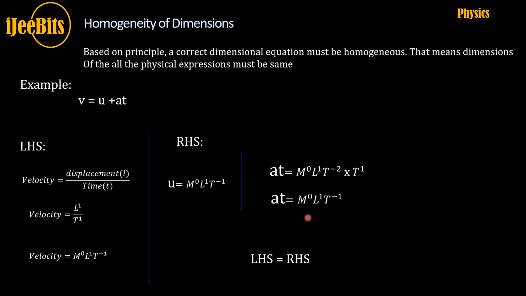So we get M power 0 L power 1 T power minus 1. If you look at it, each and every expression in this equation has the same dimensional formula, and hence you validated the homogeneity of this equation, which is right. This is one application of using this concept to check the correctness of an equation.